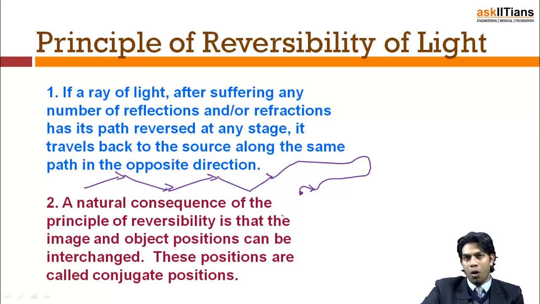So now the object and the image positions can literally be exchanged because they end up lying on the same point. These positions are called conjugate positions, which is very important as far as reversibility of light is concerned. Because if the object and the image are placed in conjugate positions, I might not be able to distinguish what's the object and what's the image. So knowing where the conjugate points are is very important while dealing with reversibility of light, because I need to make sure that object and image are properly separated.